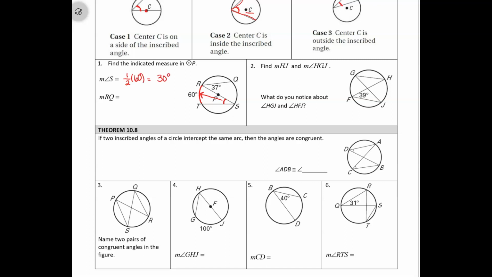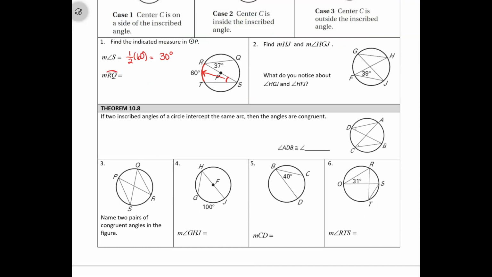Then it asks us to find the measure of arc RQ. I'm going to clean the picture up. Here is RQ. Now, what is RQ being intercepted by? We know this is 60, and we have no way of knowing RQ directly, it's not being intercepted. But what I do know is this right here is a diameter.